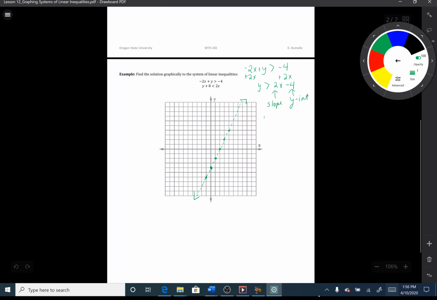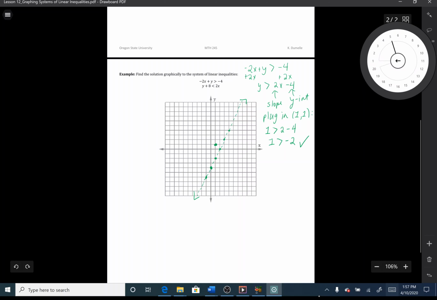Let's plug in a different point besides 0, 0. So maybe let's plug in 1, 1, just to change it up a little bit. If I plug in the point 1, 1, I get 1 is greater than 2 minus 4, or 1 is greater than negative 2, which is true. So I know that the point 1, 1 is included in my solution set. So I shade everything on the side with 1, 1. Excluding our actual line.